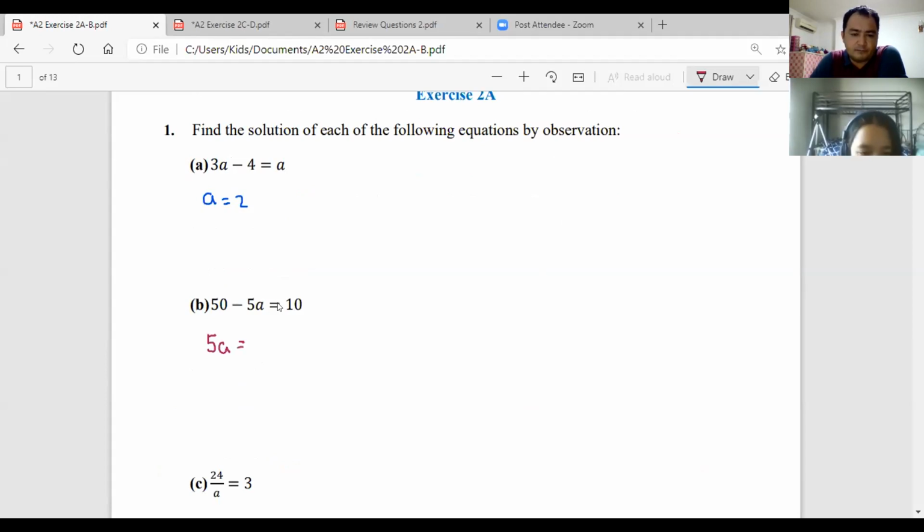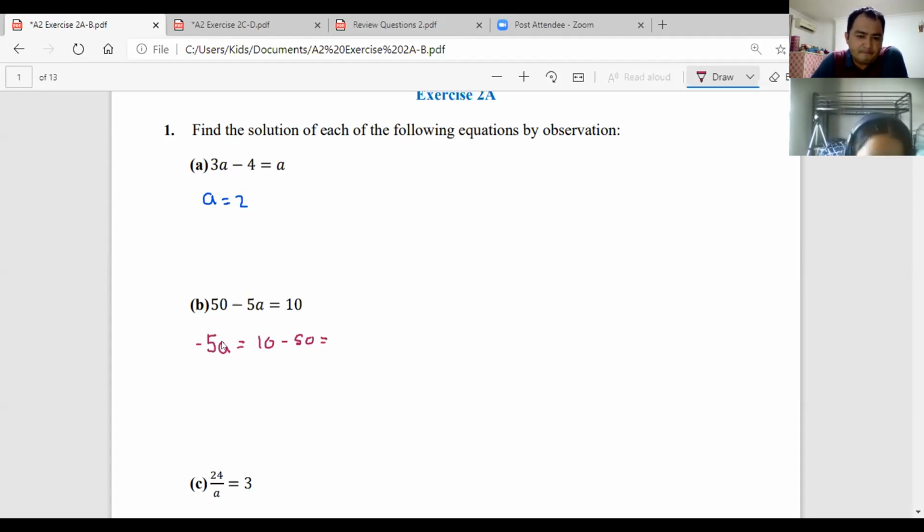But Shahina, on the left, if you take 50, what is left? Minus 5a, right? Oh yeah, minus. Okay. So right from the new row, don't write equal, don't continue, because in an equation you do it step by step.